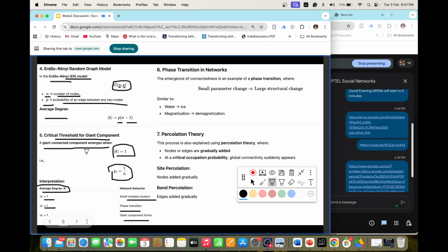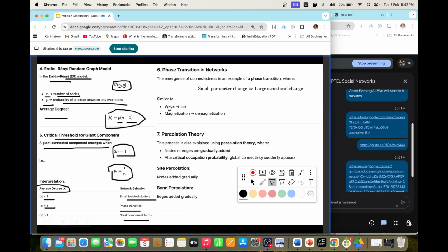By this we can get the average degree. Once we get the average degree, we have to see if k is less than 1, k approximately equal to 1, or k greater than 1. If k is less than 1, small isolated clusters; if k is approximately equal to 1, phase transition is happening; if k is greater than 1, a giant component is forming, that is, emergence of connectedness is happening.